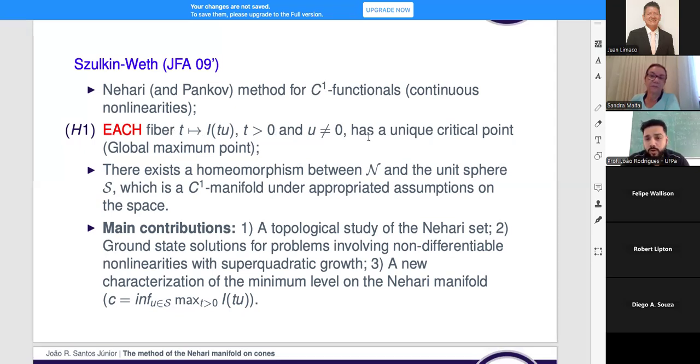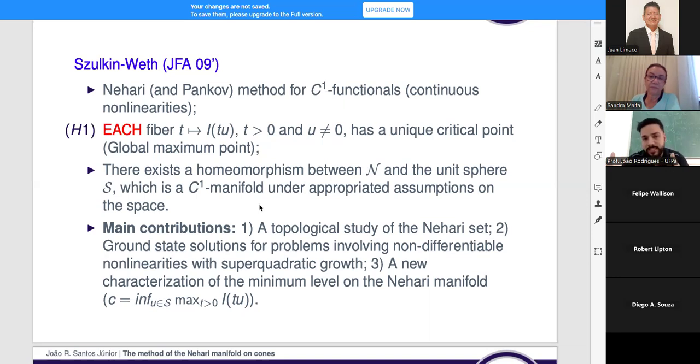And the authors requested that this map has a unique critical point, which is a global maximum point. So if this is happening for all u different from zero, belonging to the Banach space where the functional is defined, they could prove that there exists a homeomorphism.